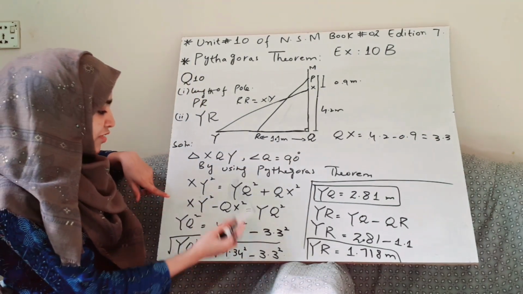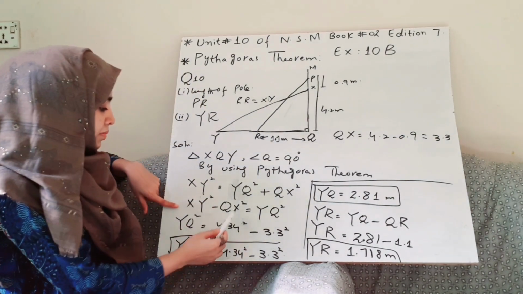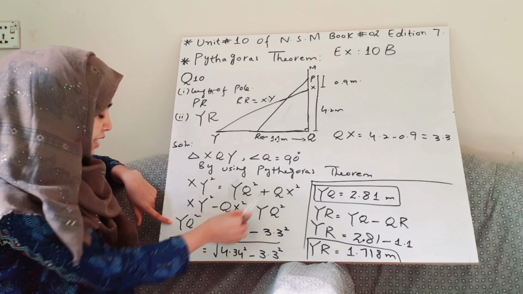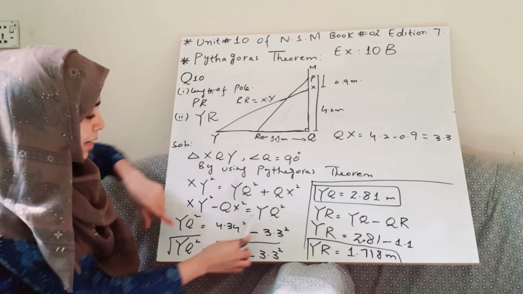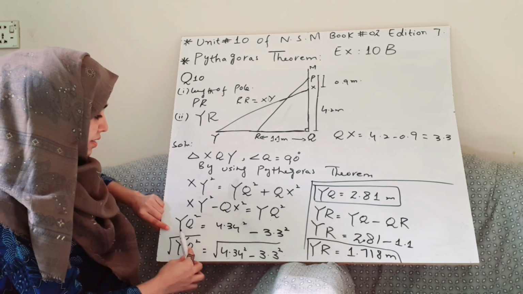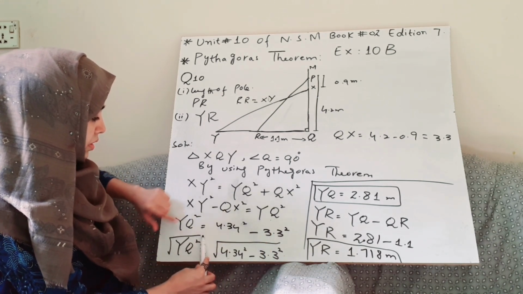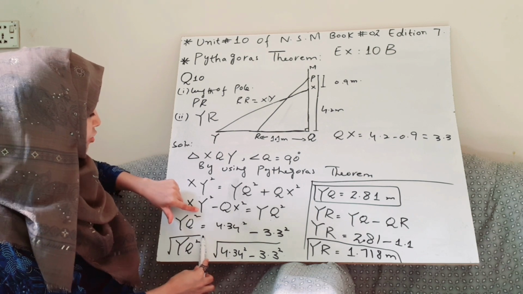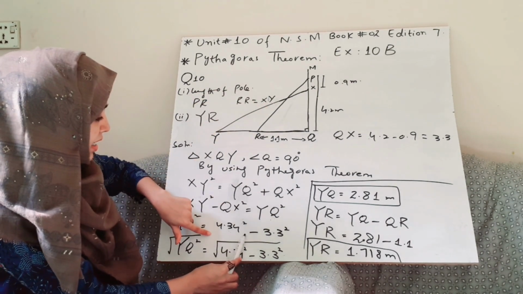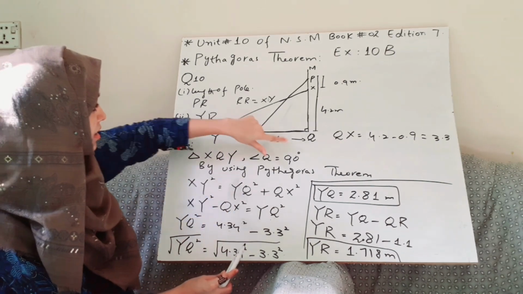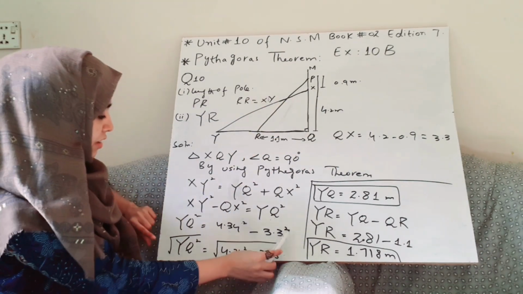After rearranging this, it will be shifted here. Then YQ, which we have to find, we separate, so YQ squared equals XY squared, which is 4.34 squared, minus QX squared, which we found to be 3.3 squared.